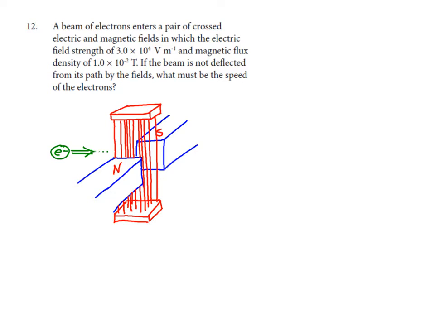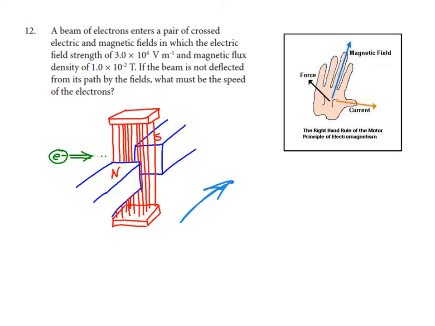First, let's figure out what the electric field must be. Now, we have the north-south for the magnet here, so we know that the magnetic field is pointed from north to south. If a particle comes in there, we could use the right-hand rule to figure out in what direction the magnetic field would make this electron move.